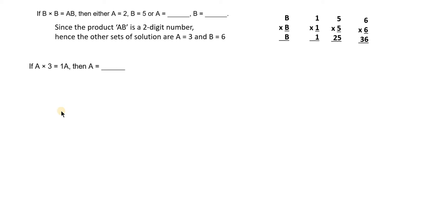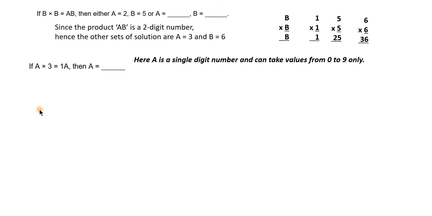In this sum, a is a single digit number and 1a is a 2-digit number, a number in the range 10 to 19. So you will have to find a value for a such that a into 3 equals this. Now, how will we do it? We will just use the generalized form of expressing a number and solve it algebraically.